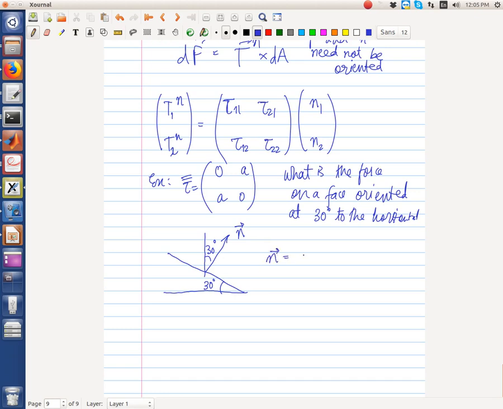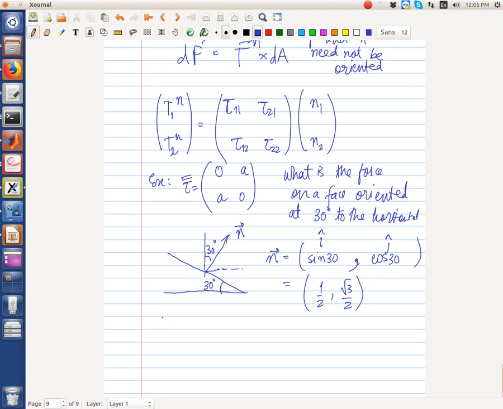The n vector in this case will be sin 30 i and cos 30 j, because the component is found out using this simple trigonometric rule. Sin 30 is half. Forget this i and j because we have already written them in the bracket notation. So this is the i component and this is the j component. So essentially it's half and square root of 3 by 2.